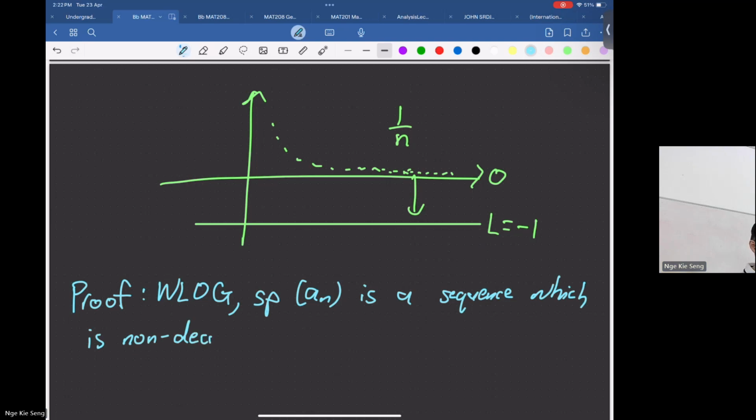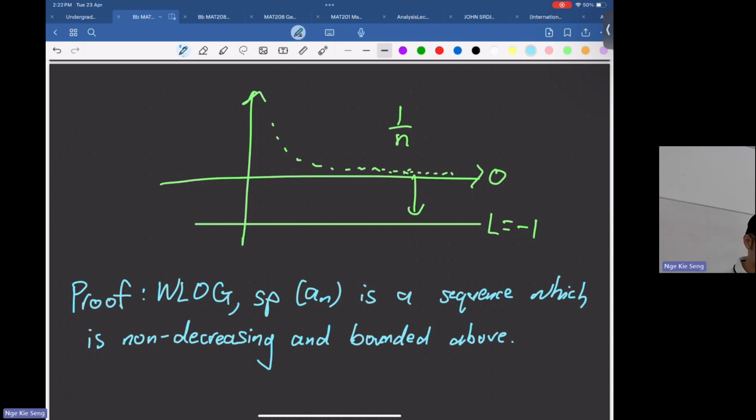Non-decreasing meaning it is increasing. Because it is bounded above and below, we consider that it is bounded above. It is still bounded below, but boundedness above will give us the limit. If it is non-increasing, you can use the other one, the bounded below property.